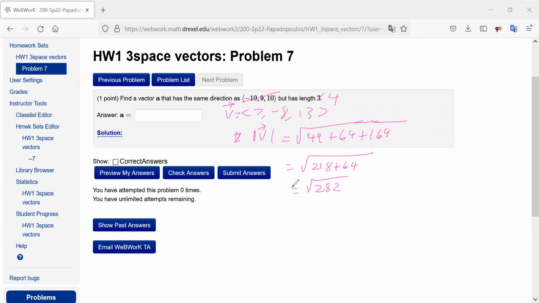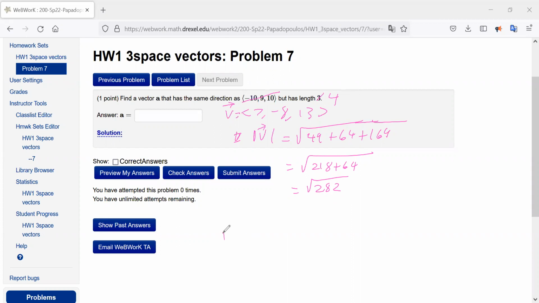But we don't want it to be that. We want it to be 4. So how are we going to scale it? We're going to divide by this and multiply by 4. If we divide by this, that gives us a unit vector, so it has length 1. If we multiply by 4, then it gets back to having 4 as its length.